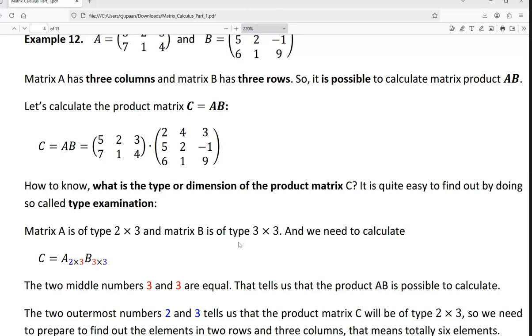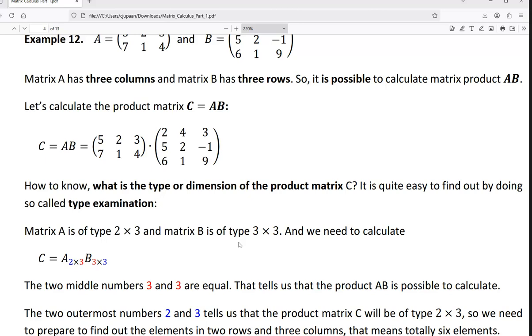Many times the error message has the word dimension in it. A dimension error in matrix examples tells that it is not possible to do that kind of multiplication.